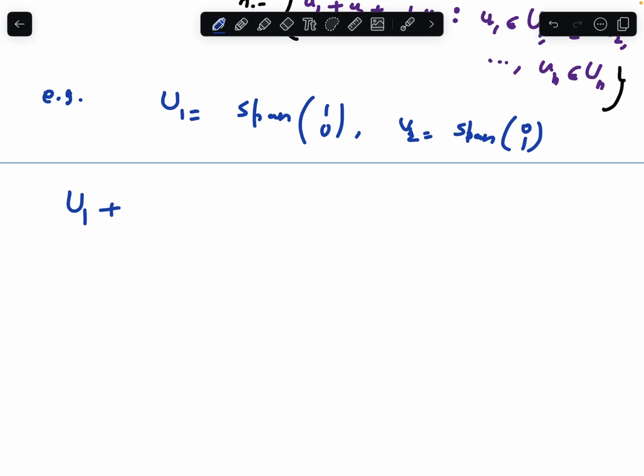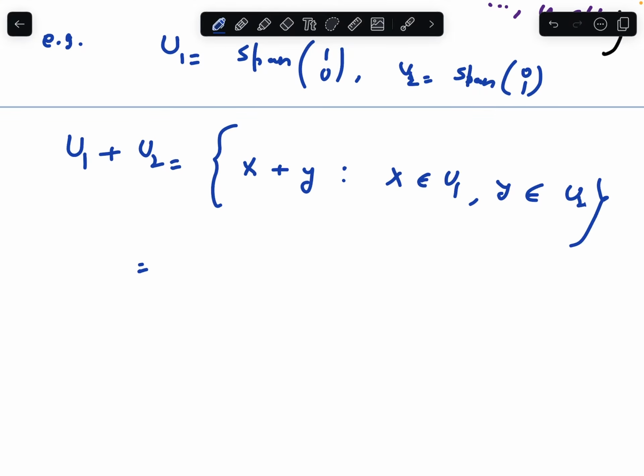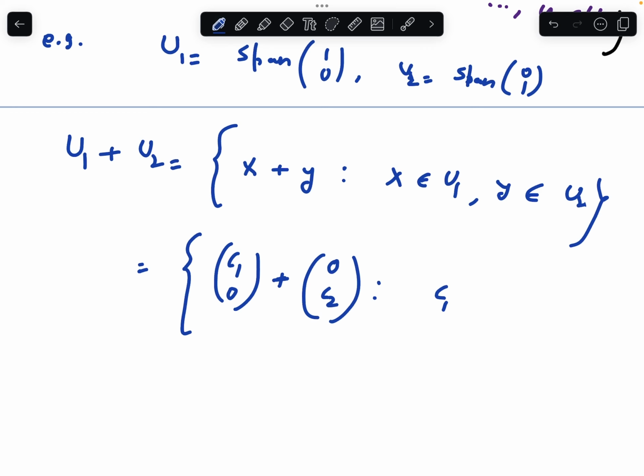What is U1 plus U2? Well, it's nothing but x plus y, where x is from U1, y is from U2. Okay, so if x is from U1, it has to look like (c1, 0), and if y is from U2, it has to look like (0, c2). What are c1 and c2? These are just real numbers, the scalars.